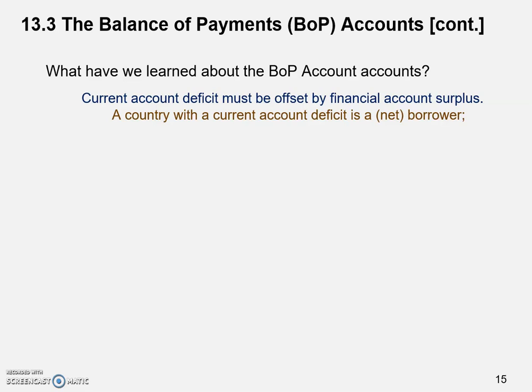A country with a current account deficit is going to be a net borrower. Why? Because remember, a current account deficit means what you exported to the rest of the world is less than what you imported from them. In other words, your production is less than your spending, so you have to borrow, just like at the individual level.